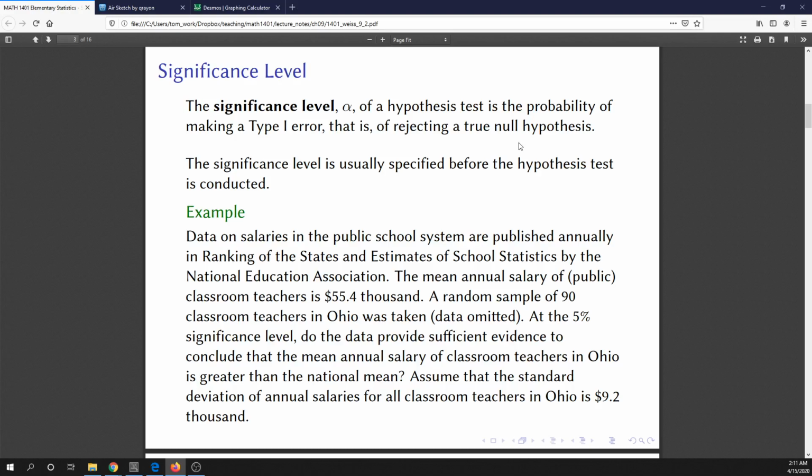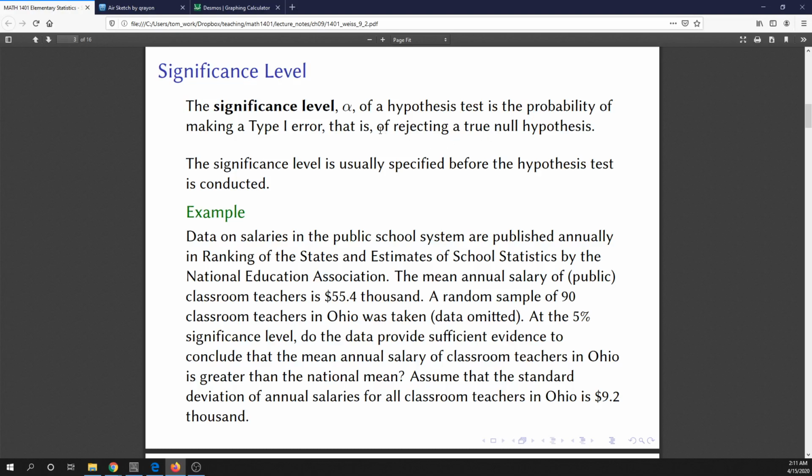The significance level is usually specified before the hypothesis test is conducted. So you're doing some research, and you're going to agree on this significance level. Basically, that's going to represent how willing you are to make a type 1 error, that you would reject a true null hypothesis.